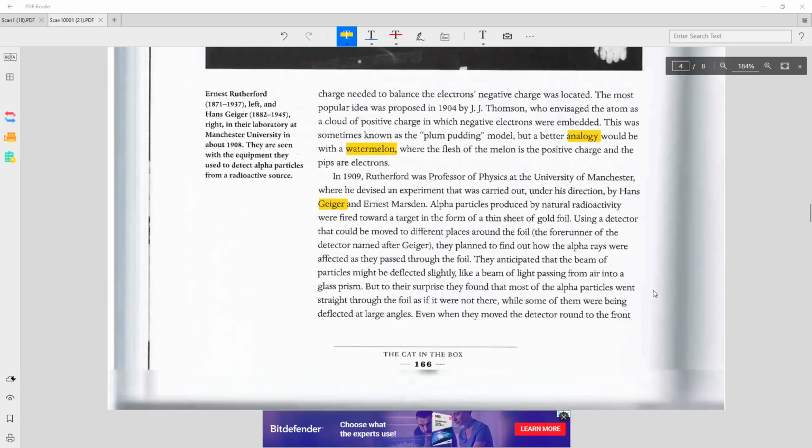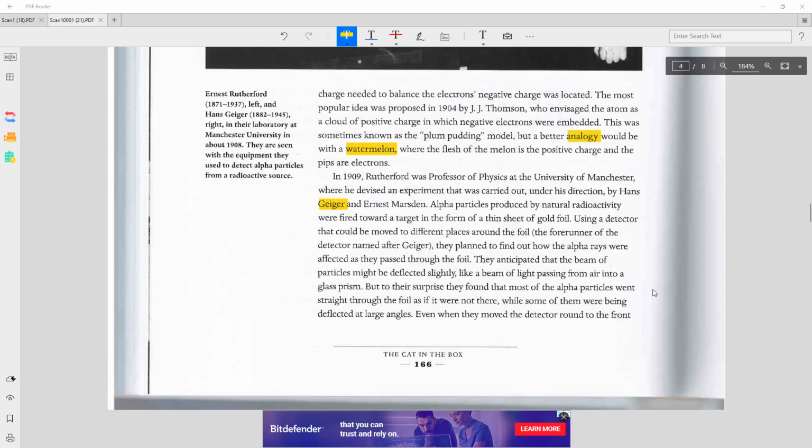The most popular idea was proposed in 1904 by J.J. Thomson, who envisaged the atom as a cloud of positive charge in which negative electrons were embedded.